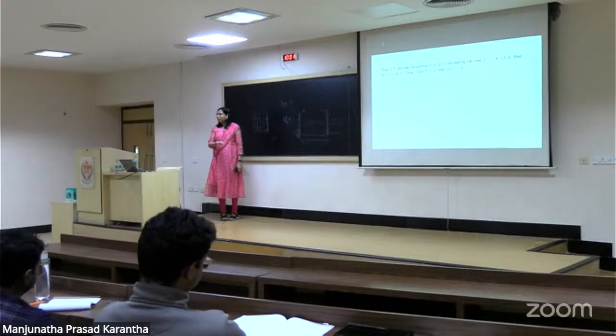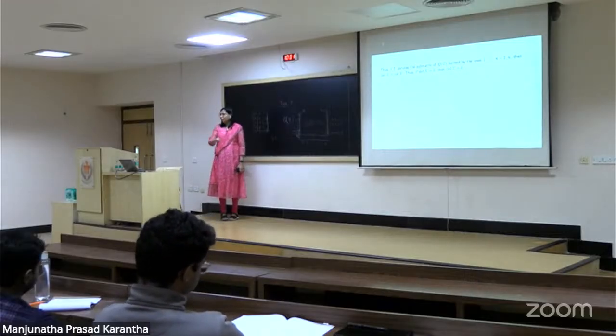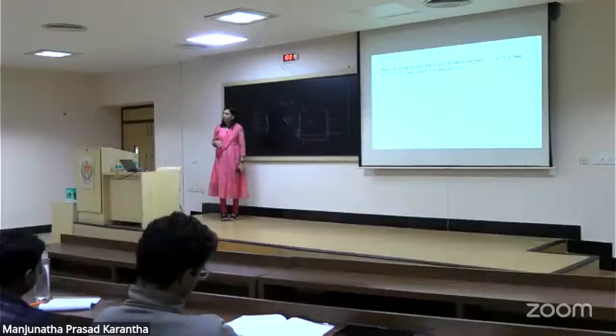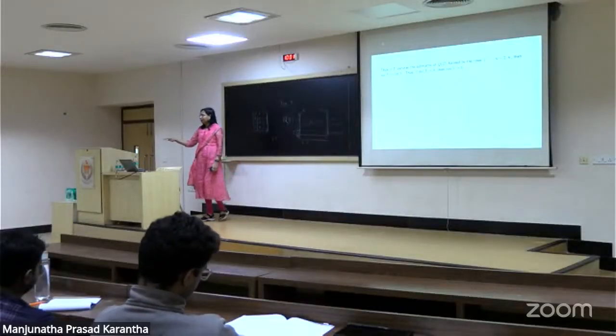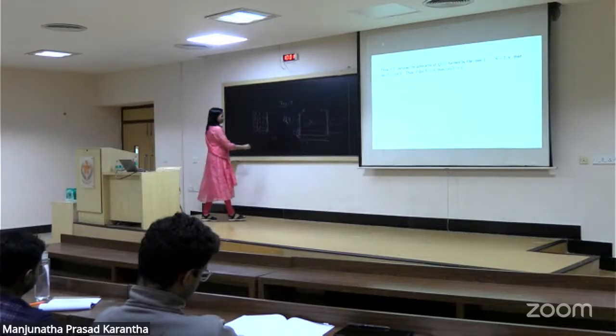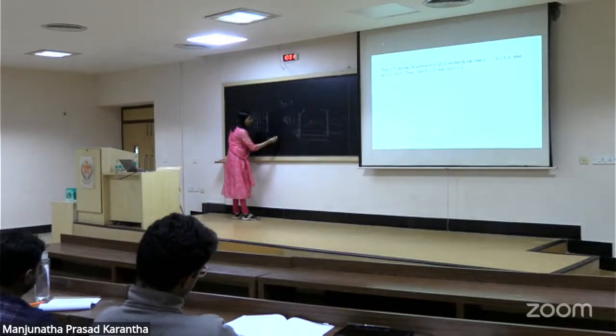Because column sums are 0, hence you are adding all the rows, then it's coming 0. So one row is negative of the sum of the other rows. Okay. So if I leave one row, then the determinant will remain. So determinant of x and determinant of y both are same.